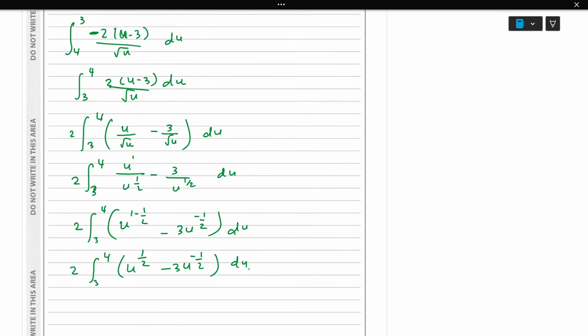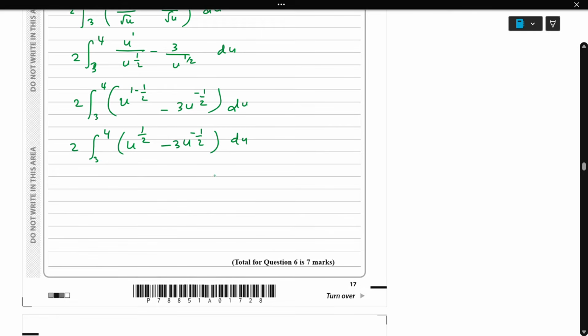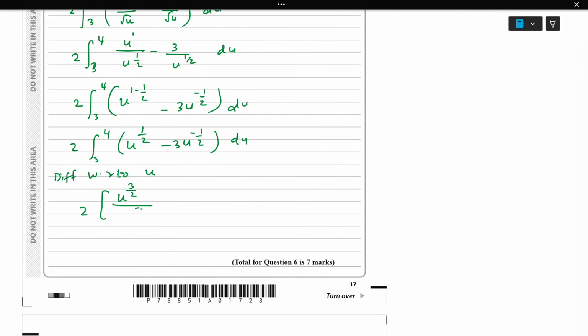Now I'll go for integrating, so integrate with respect to u. So 2 into, it becomes u power 1 by 2 plus 1, which is 3 by 2, over 3 by 2.